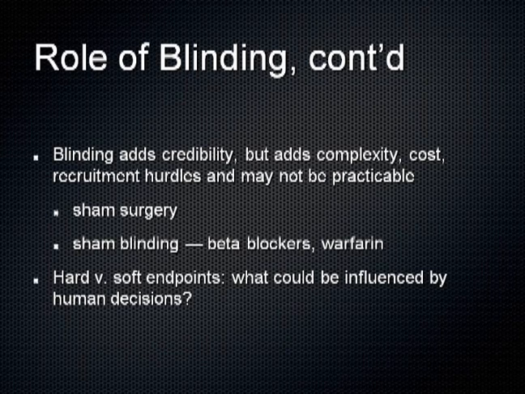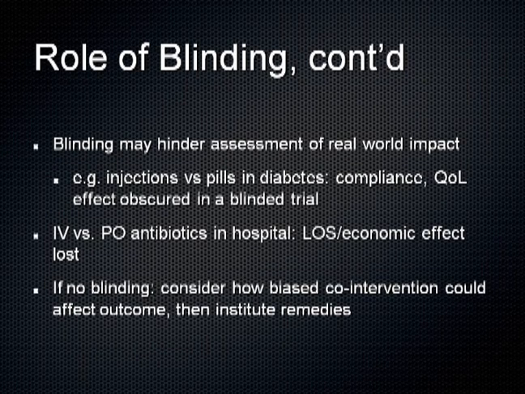If your outcome is mortality, there's no ambiguity. You know the result. It's clear cut. So again, in cancer treatments, if the outcome is mortality, you don't have to worry so much about blinding, particularly in ascertaining the outcomes. Now, blinding may hinder assessment of the real-world impact.